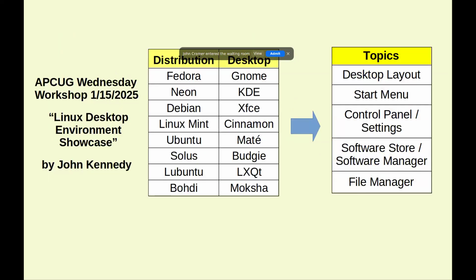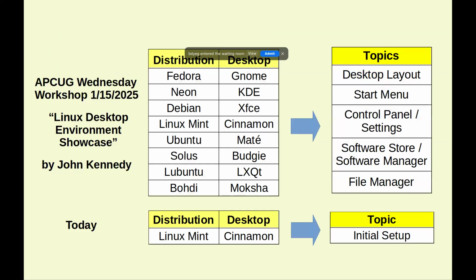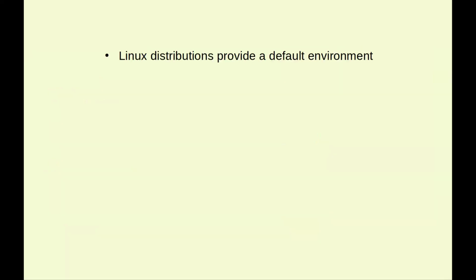Now, John had gone over some of the more popular distributions and desktops in January, and he laid out the basic components. I'm going to zero in on Linux Mint with the Cinnamon desktop, and I'm going to try to touch on some of the things he did, but how to set them up initially. Now, all distributions that I've ever worked with have a default environment, a setup that they give to you.